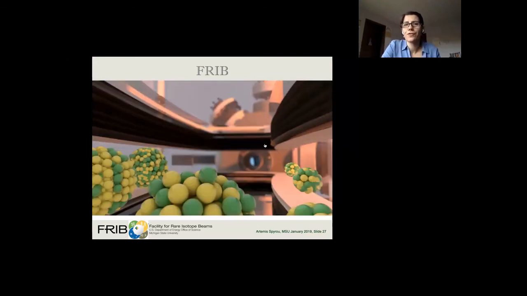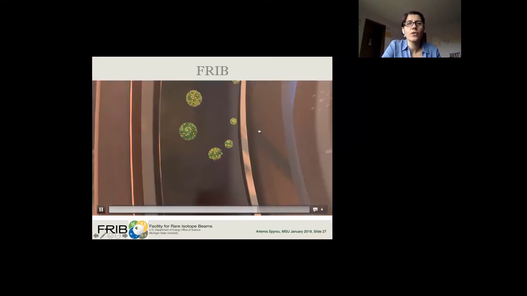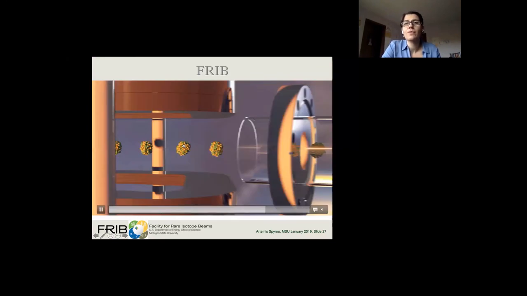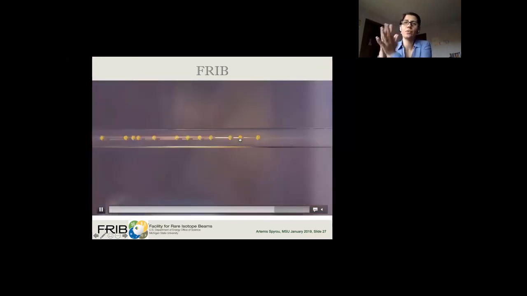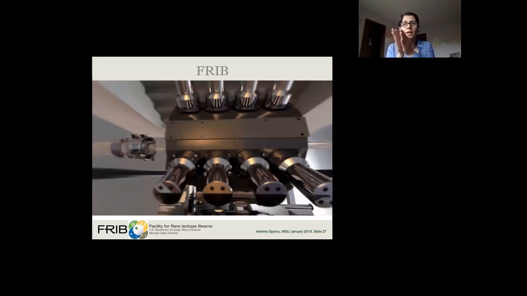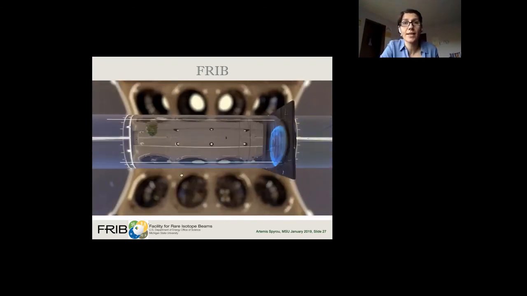And then you go through your filter, the fragment separator, where if it's too light or too heavy, they get bent more or bent less. But the thing that you care about will go through the magnetic field of the separator. It will go straight and go into your setup. And in case you didn't notice, right here, it was sun, actually.